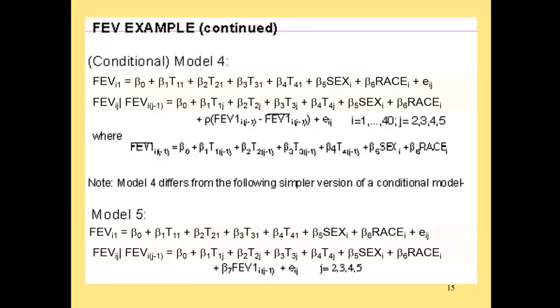An even broader question than that, which Dr. K has brought up before, is when do you even use a conditional model? And the sort of tautological answer is if you want to predict an outcome from an earlier outcome, you have to use a conditional model because you have to use that earlier outcome as a term in your model, as a predictor.